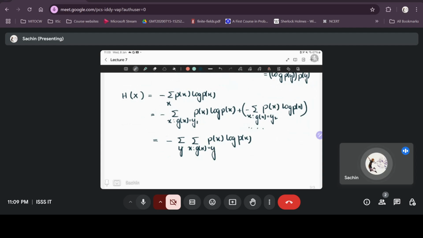And this you do for each value of y in script y. Then you'll get h of x.